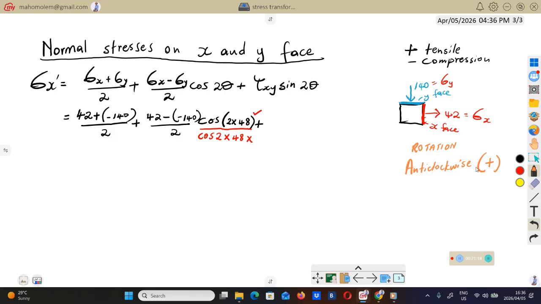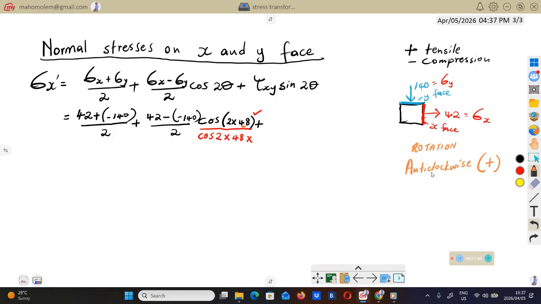We will use this for the angles and for the shear stress. The angle, the theta, can be positive or negative. So this 48 is positive. Why? Because they said that we are going to rotate the element anti-clockwise. So anti-clockwise is positive. That's why we made this positive.